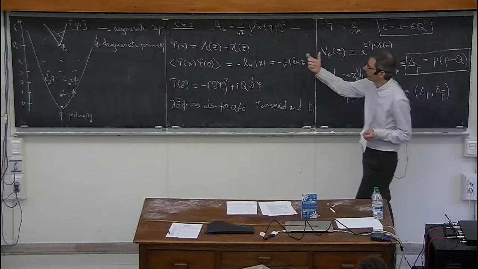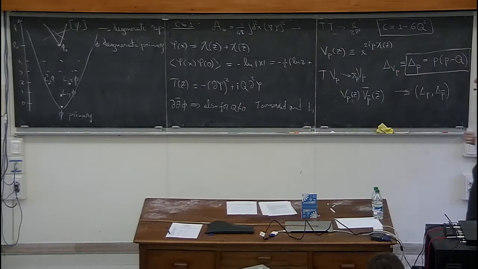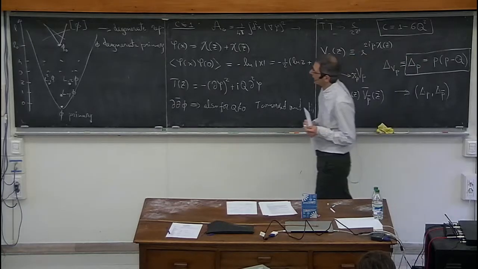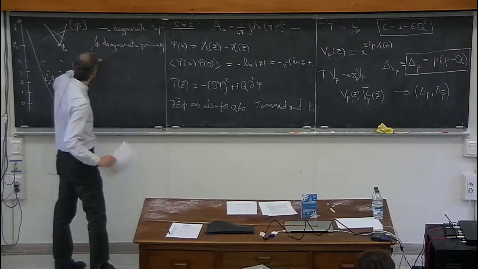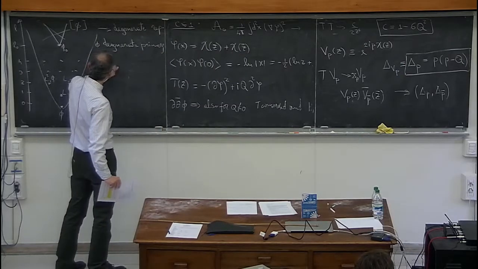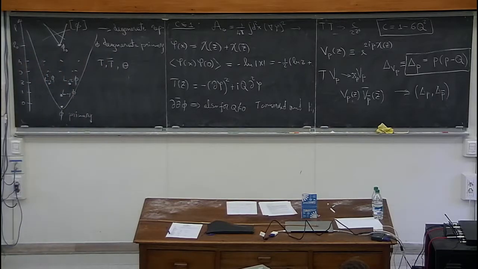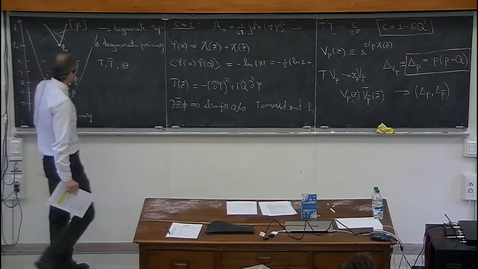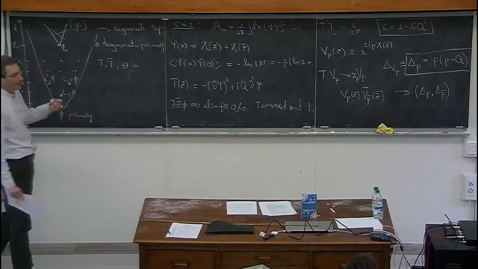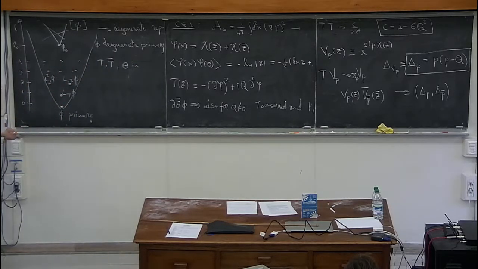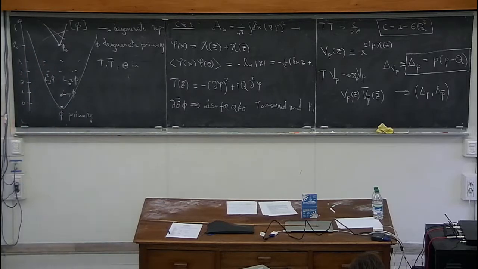So we say that we want the fields to be local with respect to T mu nu. Now, we saw that T mu nu in general has the components T, T bar, but also theta. This theta is 0 at criticality, but it will become non-zero when we move away from criticality. In particular, this will be proportional to the term that breaks scale invariance, so the term which drives us away from the critical point.